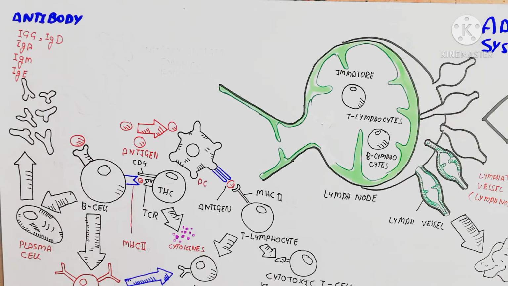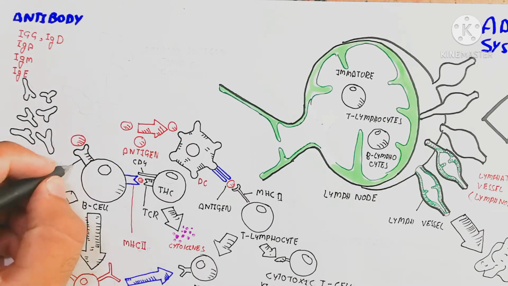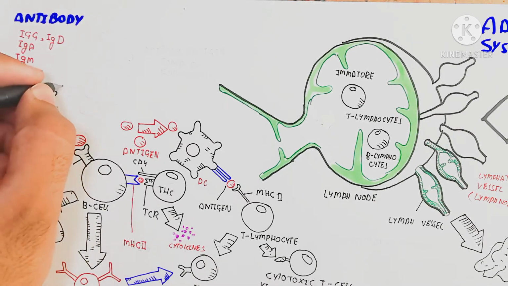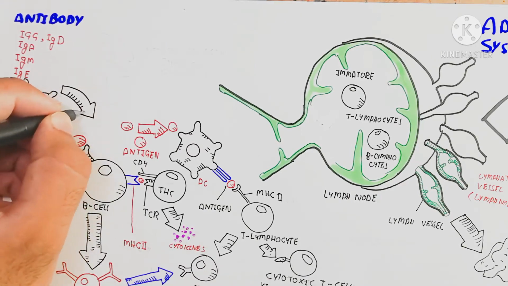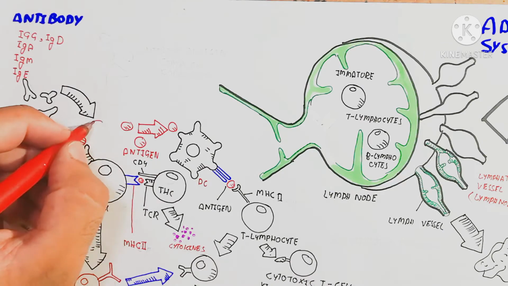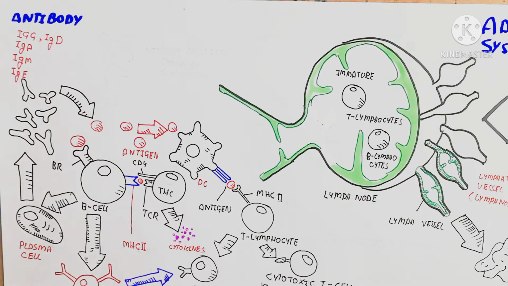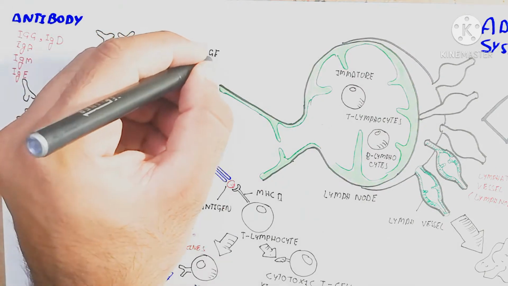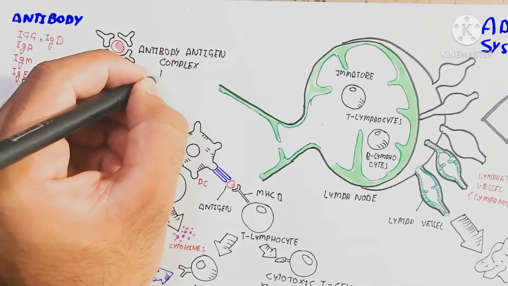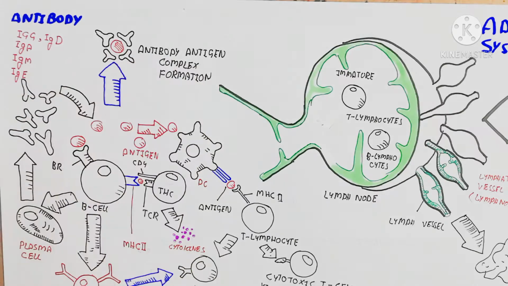First of all we will discuss the antibody. Here are IgG, IgD, IgA, IgM and IgE. These are the antibody types, which are specific for every antigen. The antibody will attach to the antigen or pathogen to form the antibody antigen complex.